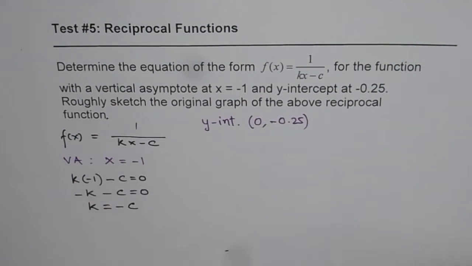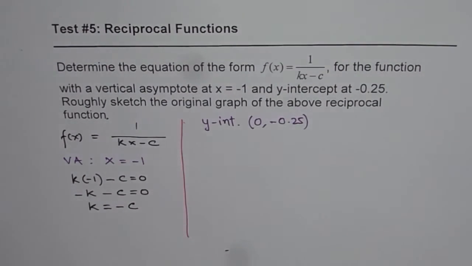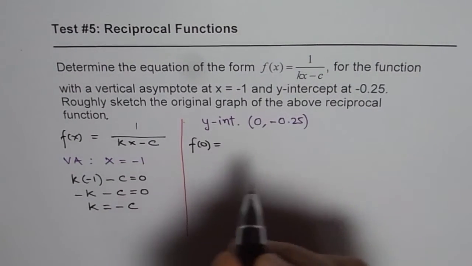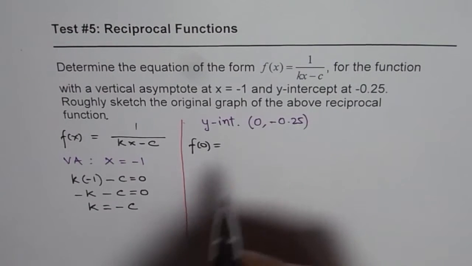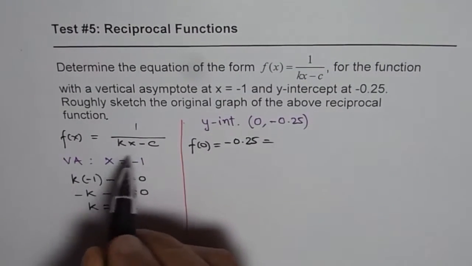It really means that f of 0 is equal to minus 0.25. Now what is f of 0?